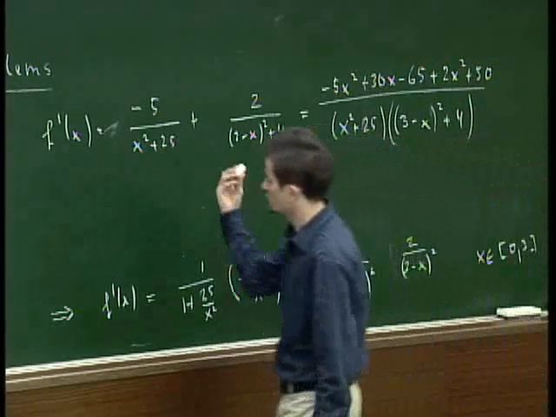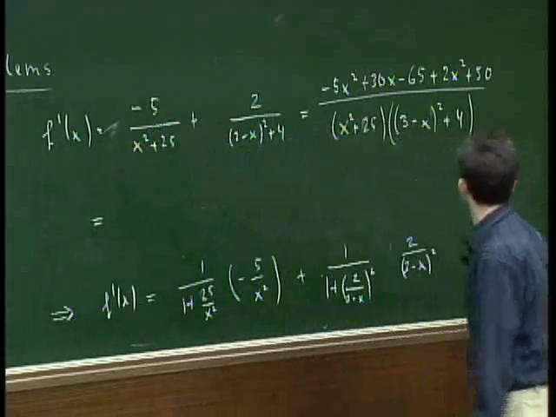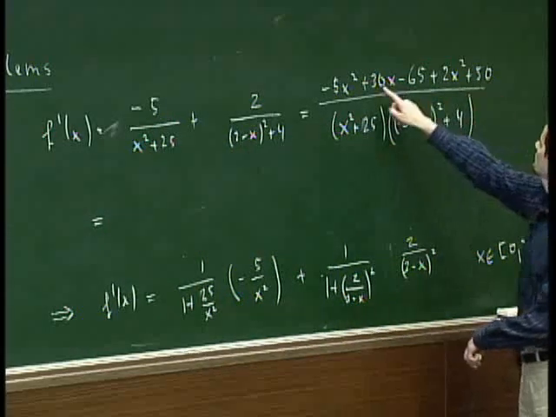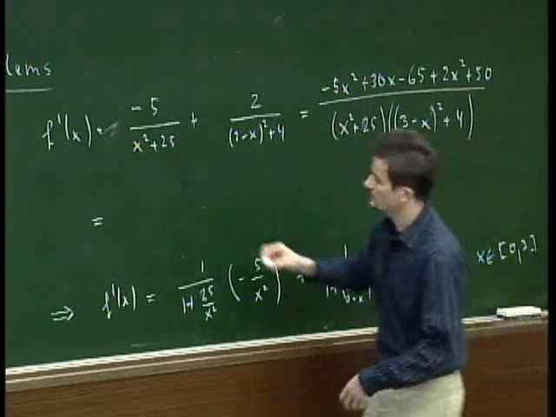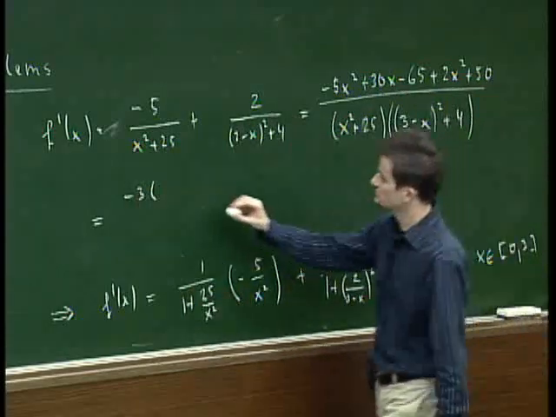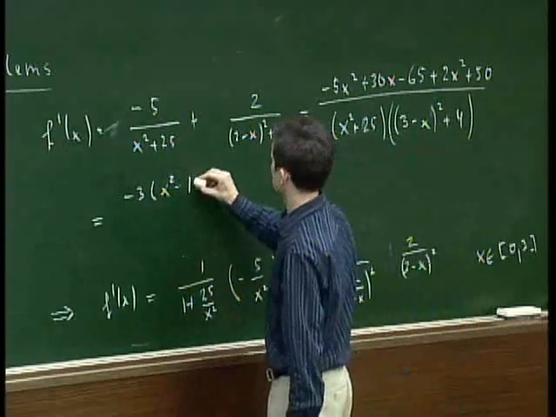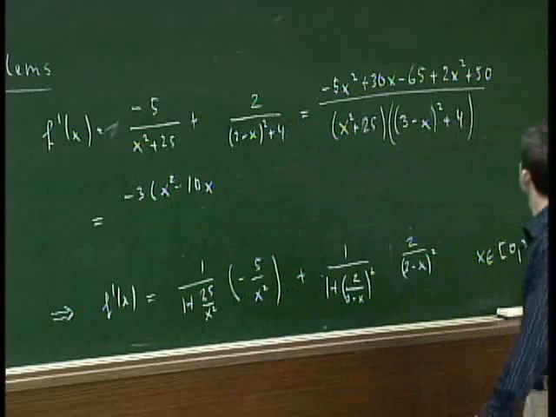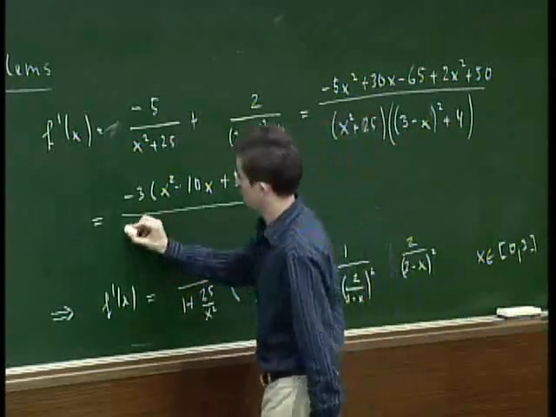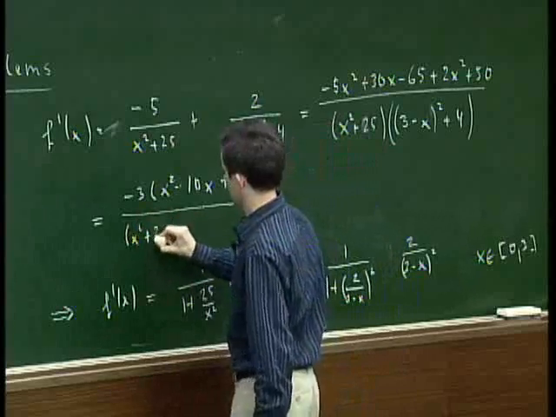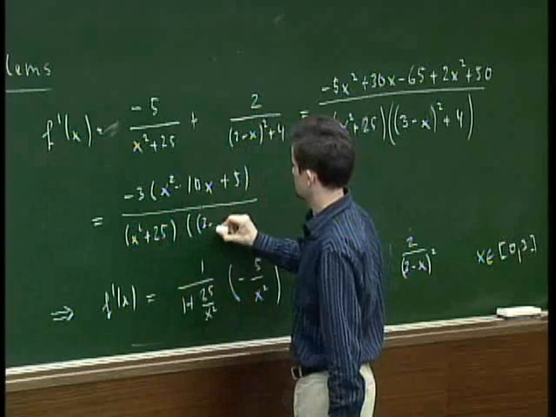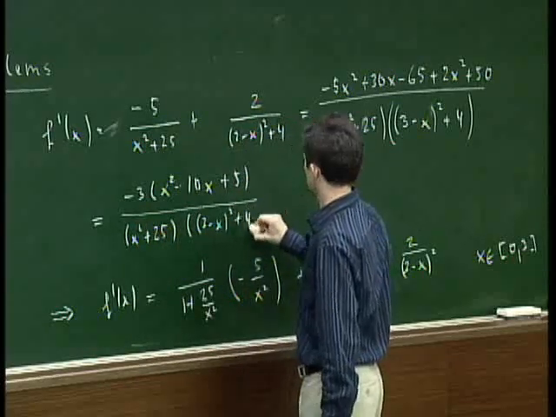Because we have to equate this to 0, you see that here we have minus 15, 30x, and minus 3, so we can take out minus 3. The rest is x squared minus 10x plus 5 over x squared plus 25, and here we have, this is not important, 3 minus x squared plus 4.